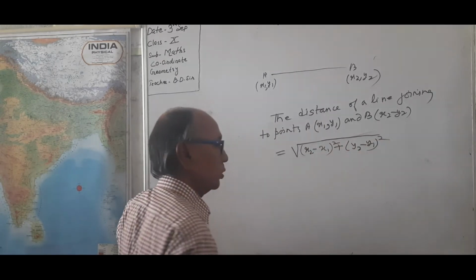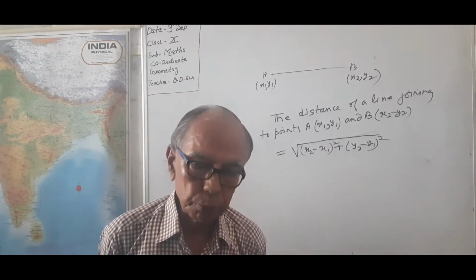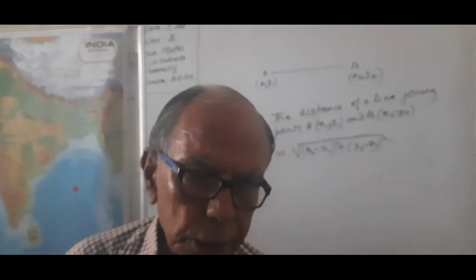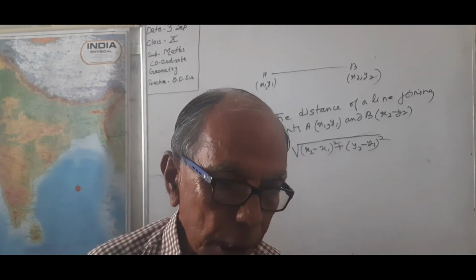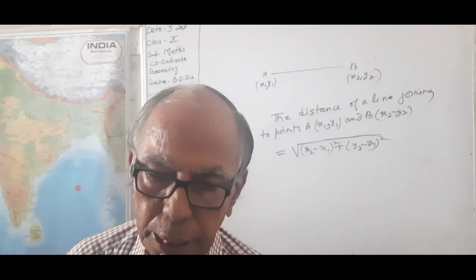Must remember this formula. I was going to prove the formula, but as told by Amit sir, proof is not needed. So must remember the formula, the distance between 2 points whose coordinates are given.